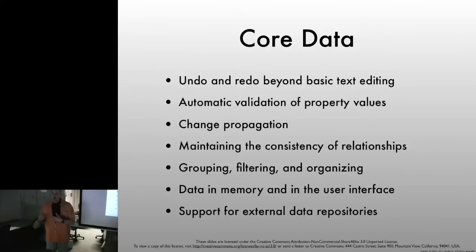It also handles relationships, which we'll talk about in a second, between objects, so that when a change is made in one object, another object will know about it, whether it even exists in memory yet or not. Pretty cool. It also is responsible for maintaining the integrity and the consistency of the relationships that have been established.